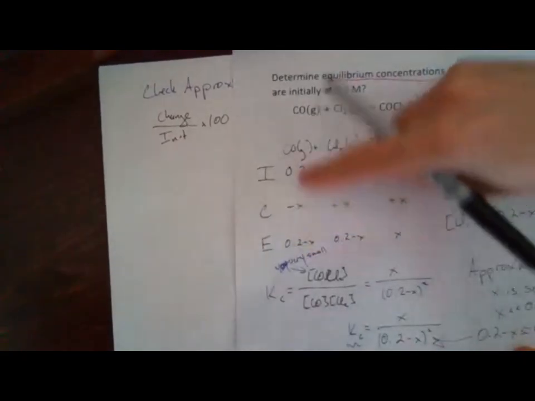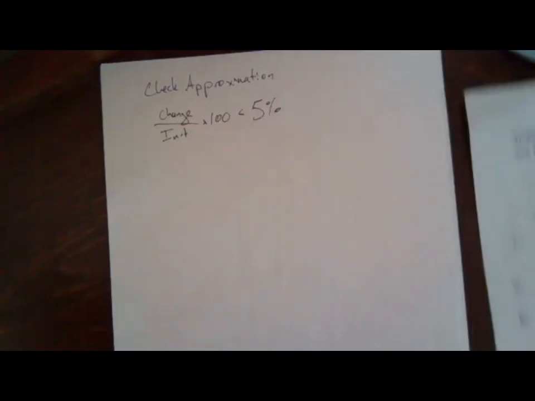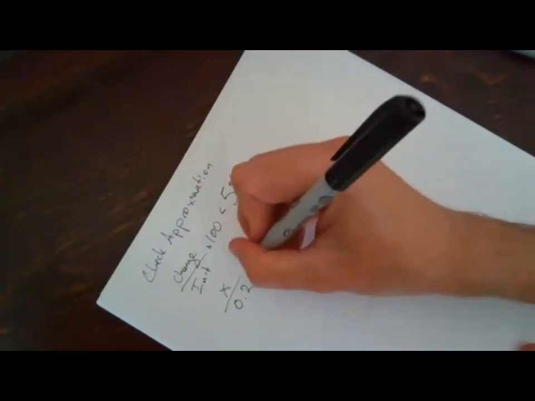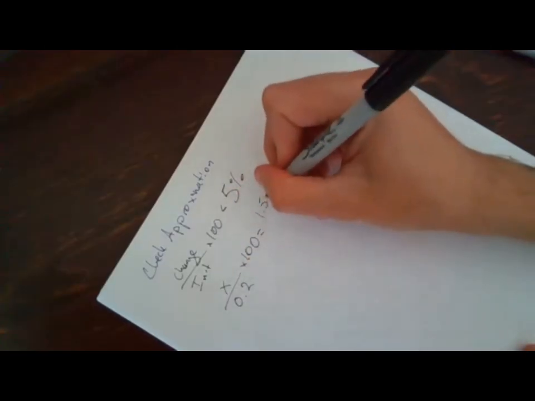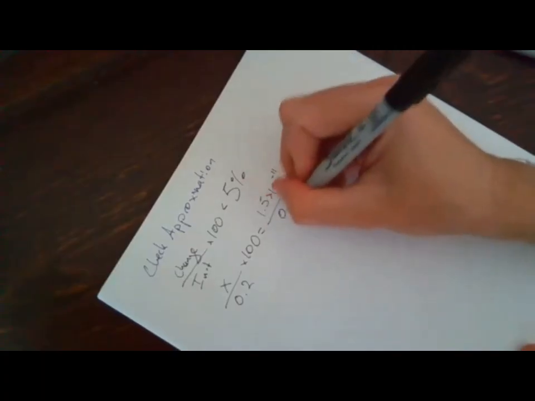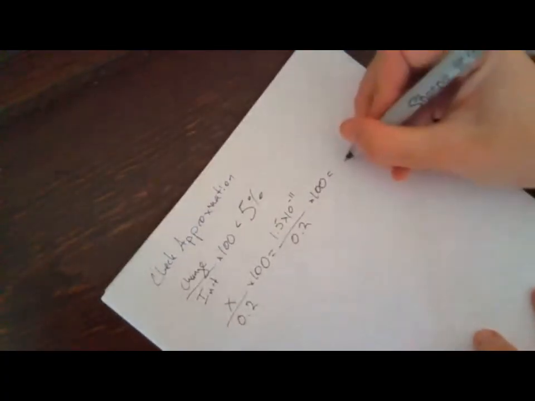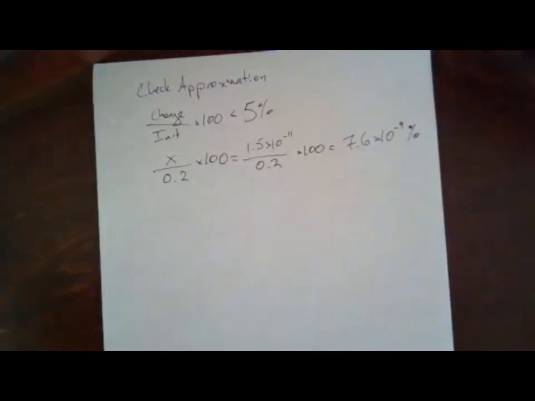We approximated basically that this change, x, was much smaller than 0.2, and our cutoff for much smaller is going to be 5%. So we take our change, which is x, divided by the 0.2, and multiply that by 100 to turn this into a percentage. So x is 1.5 times 10 to the negative 11 divided by 0.2 times 100, and we get 7.6 times 10 to the negative 9%, which is good.